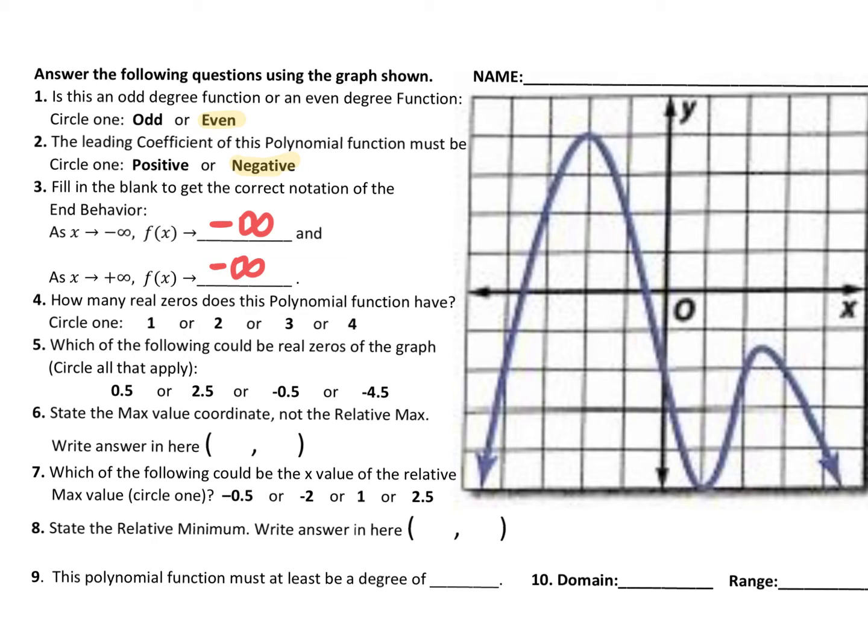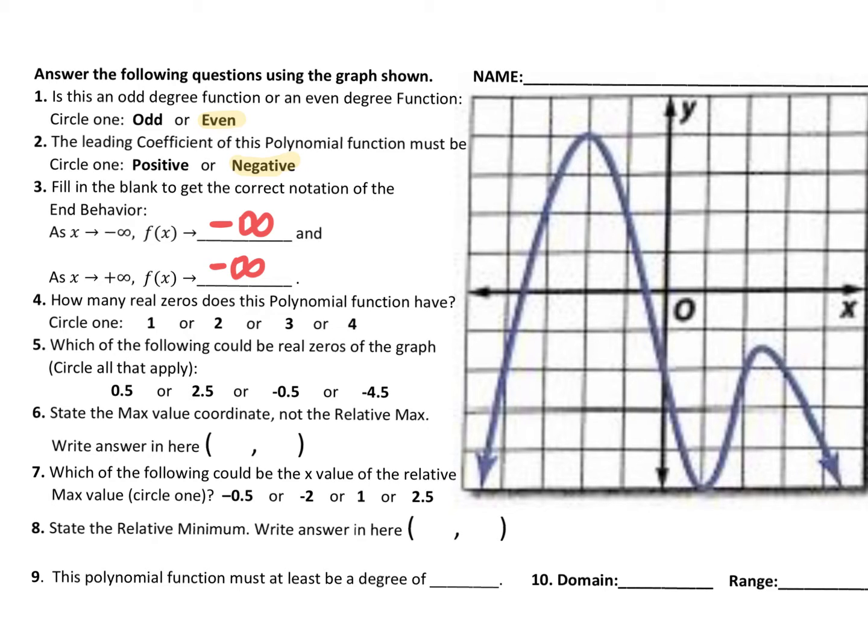It's pretty much this simple. X arrow negative infinity means left. X arrow positive infinity means right. F of x is your y values. Negative infinity means down. F of x positive infinity would mean up. Now, we don't have f of x going to positive infinity, but that's how you're supposed to think about end behavior with its appropriate notation.